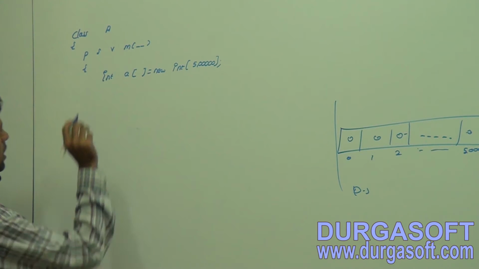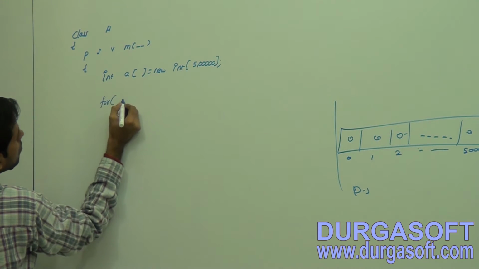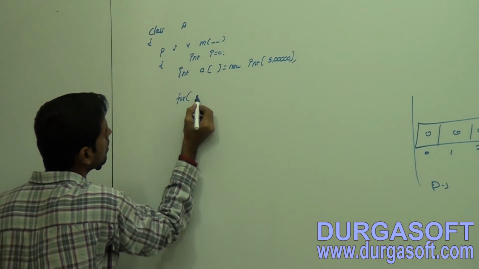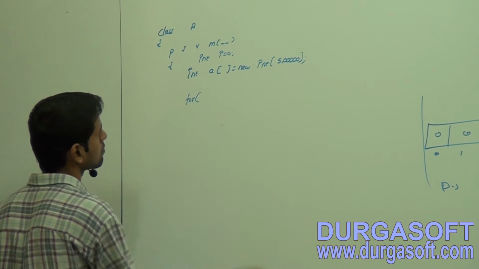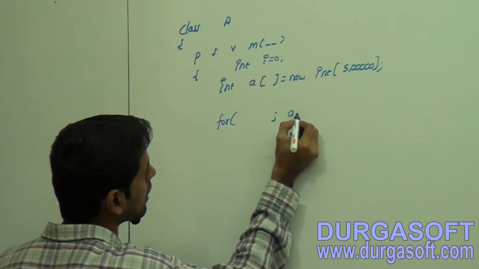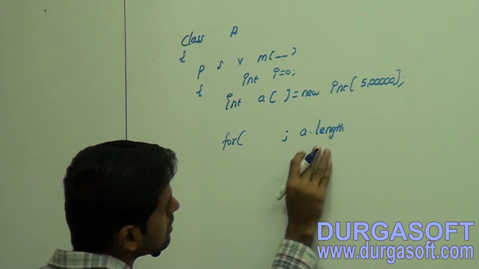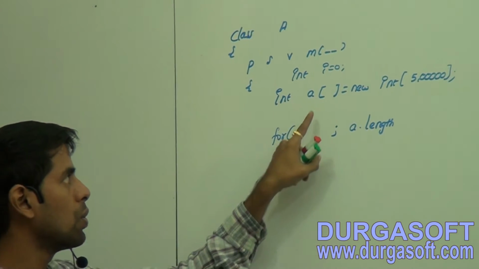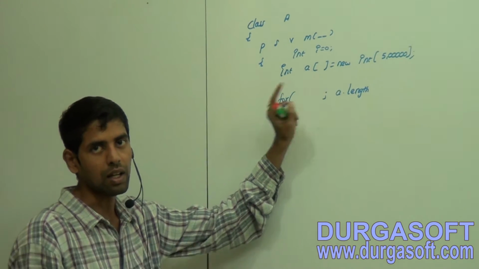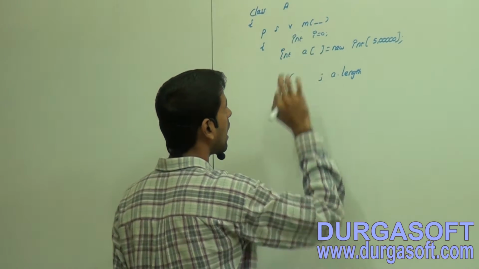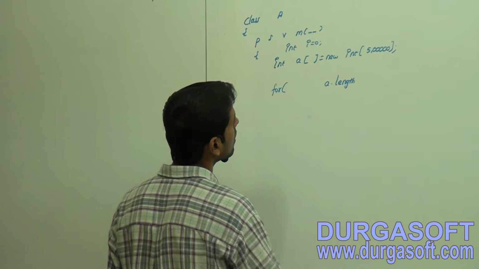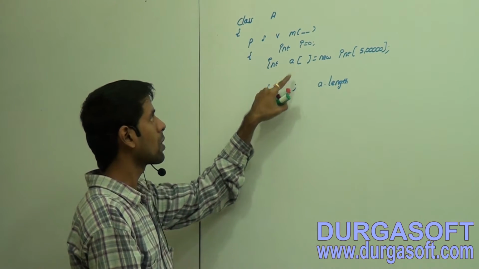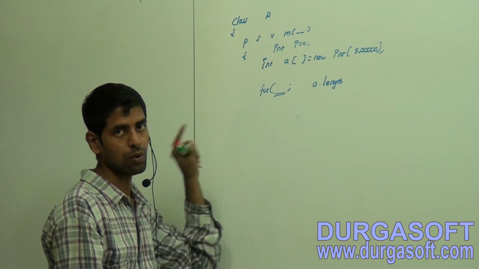Now observe this part. Let me take one for loop and take one local variable i. Take a dot length, which is the final variable that gives the length of this array. If i is less than a dot length. The initialization section is optional, I have done initialization here so no need to take it here.